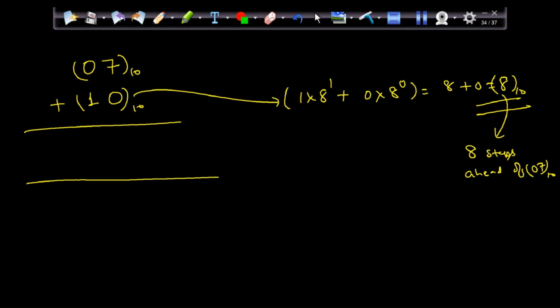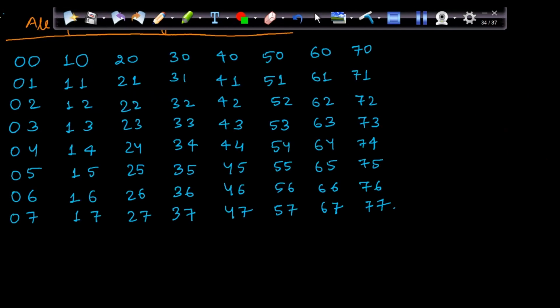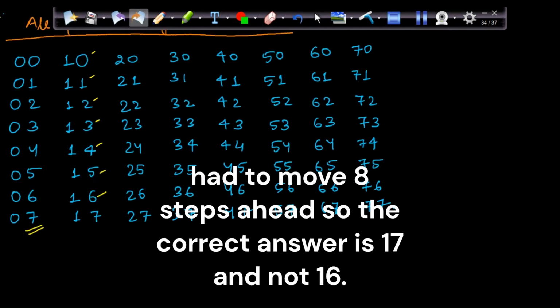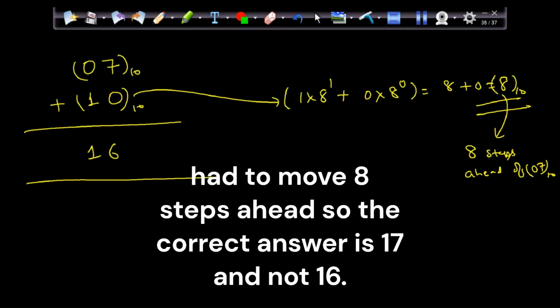So where is 07? Here it is. We have to move 8 steps ahead of 07. 1, 2, 3, 4, 5, 6, 7. So the answer would be 16 in the octal number system.